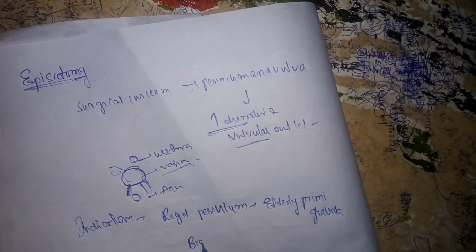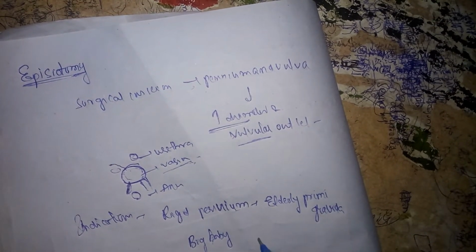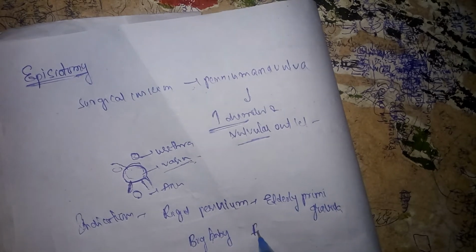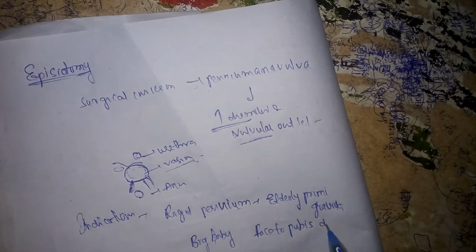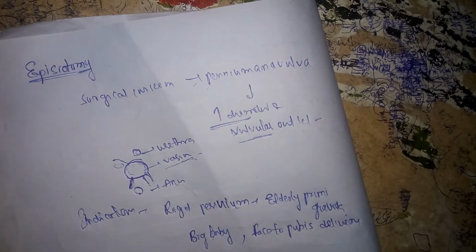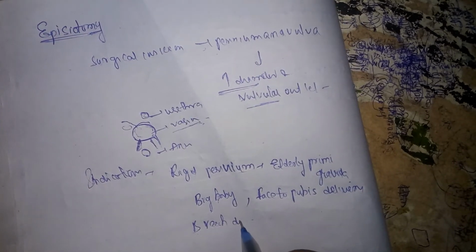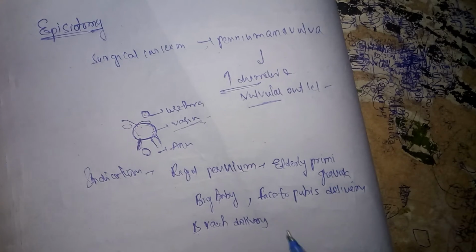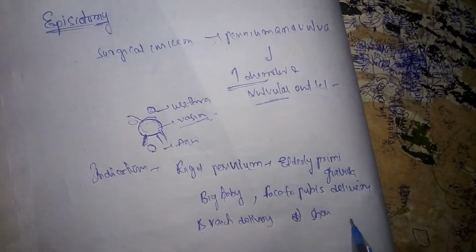Others are when the baby is very big, when it is a face to pubis delivery, when there is breech presentation or breech delivery, and when there is shoulder dystocia.